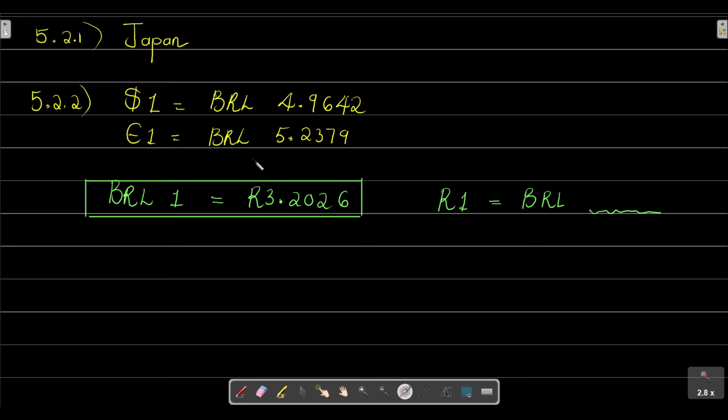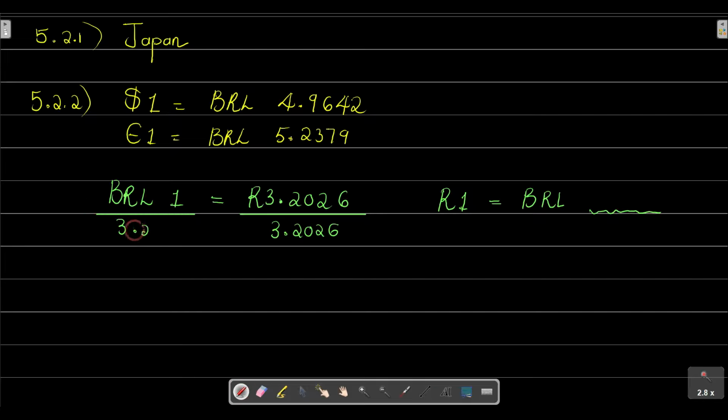All we can do is divide both sides by 3.2026. If you do that on the right hand side, you also need to do that on the left hand side. Please note, I'm not dividing by that R, because we're not trying to cancel out that unit on the right hand side, but it will make sense. Just follow.